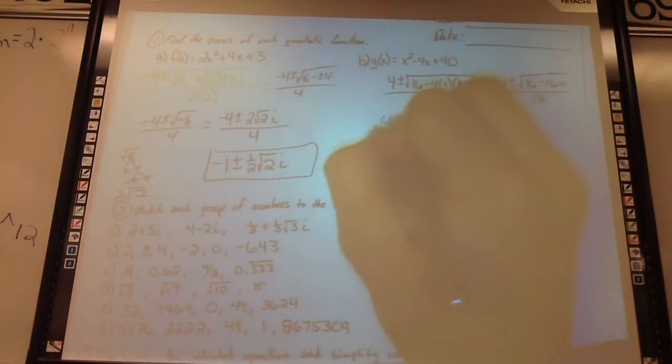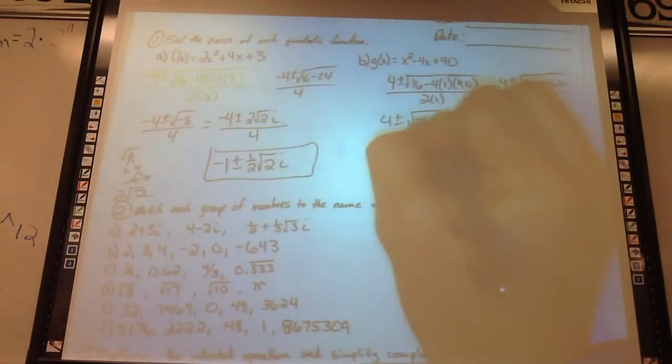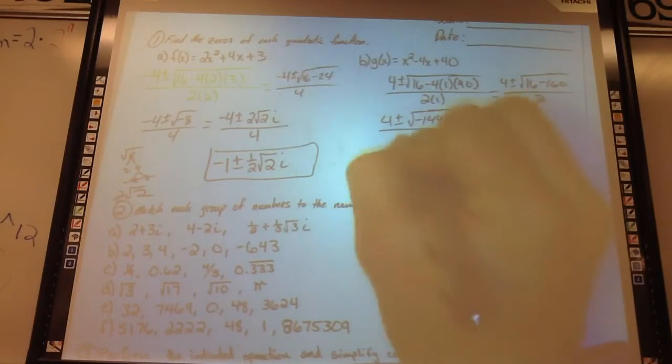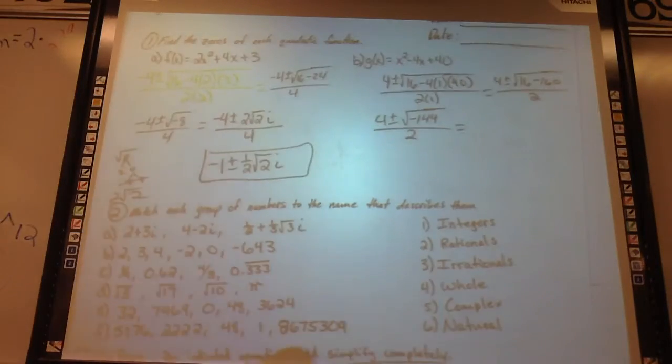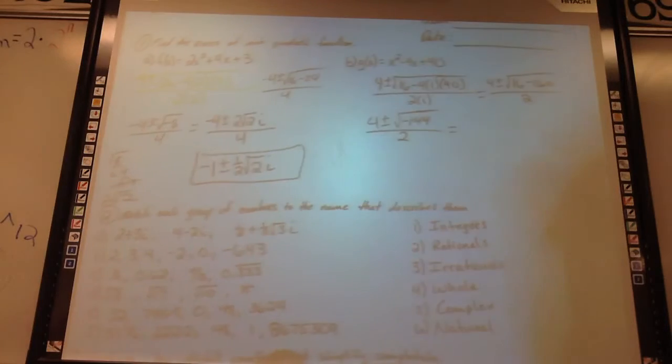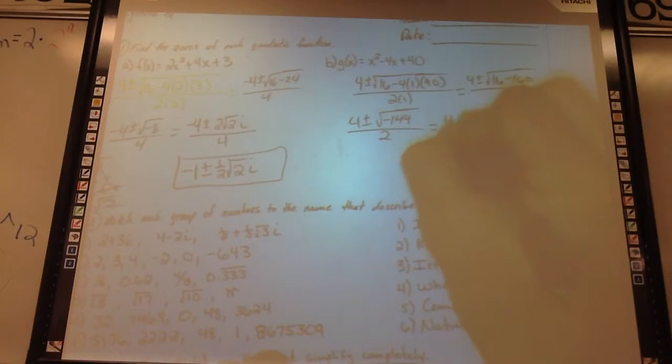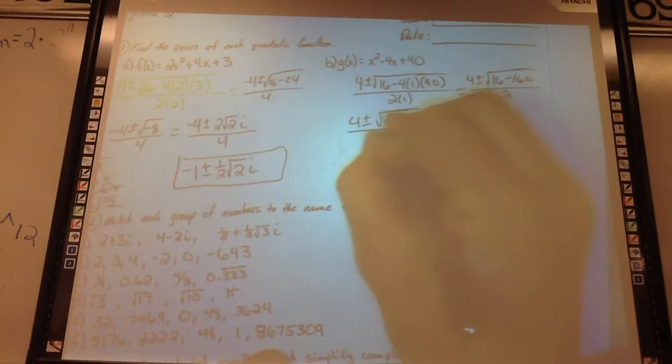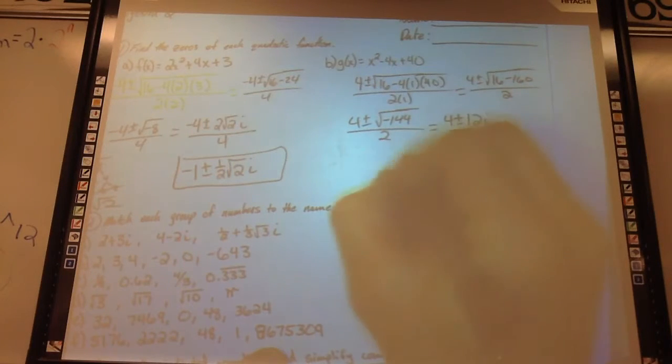That's the square root of negative 144 over 2. Well, do you know the square root of 144? Yes, you do. It's 12. So this is just 4 plus or minus 12i, since it's negative, over 2. 4 divided by 2 is 2. 12 divided by 2 is 6.